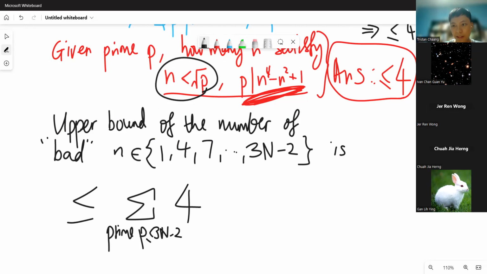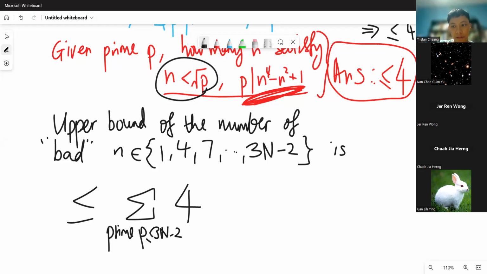We want the numbers n such that it fails for all p. So each prime p prohibits 4 numbers in the set of positive integers. So let's just say all of them are bad. Then those that are not prohibited at all means it does not fail for every single p.